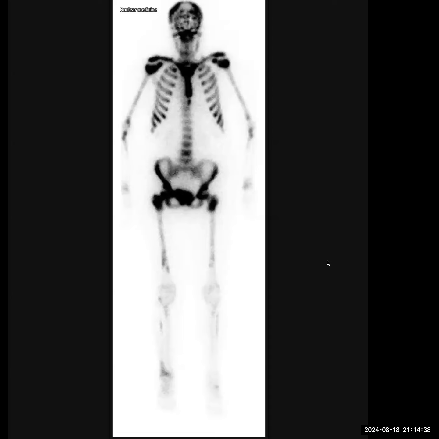These are geographic, and these involve predominantly bilateral iliac bones, acetabulum, bilateral femoral heads and bilateral trochanters. Also, there are areas of involvement in the ribs anteriorly, bilateral shoulder regions, skull and sternum.